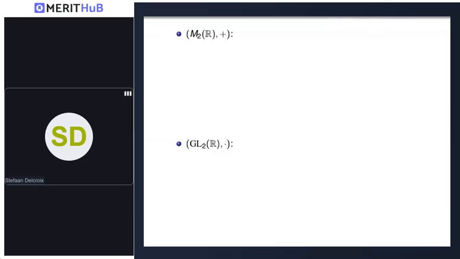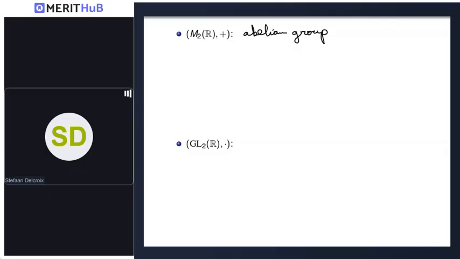How about the matrices? Okay, the matrices under addition, nothing went wrong. So this was an abelian group. We had everything. But under multiplication, it went wrong real quick. We didn't have inverses. So that's when we looked at GL2(R).